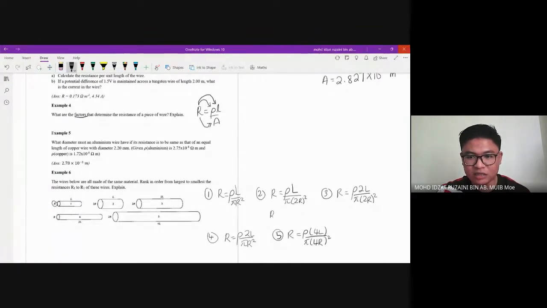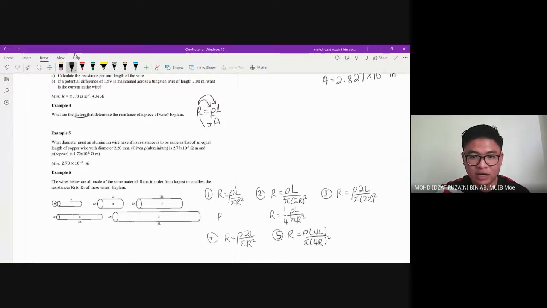This one, R equal to what? Rho L over 4, this is 1 over 4. 1 over 4 pi R square. This is 1 over 4.